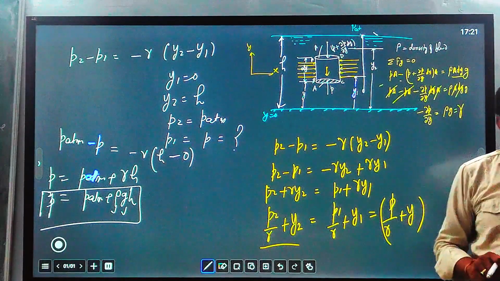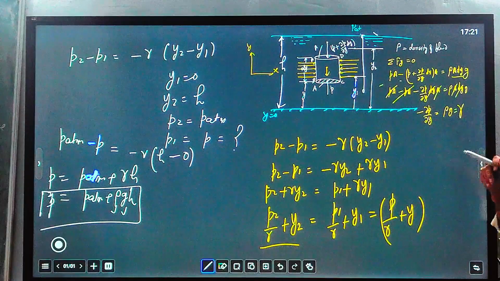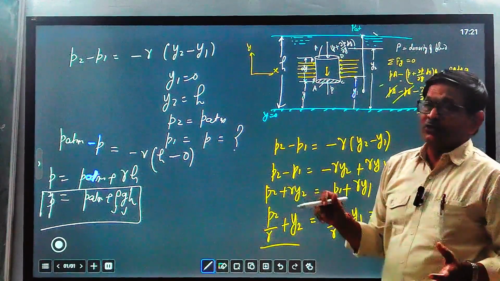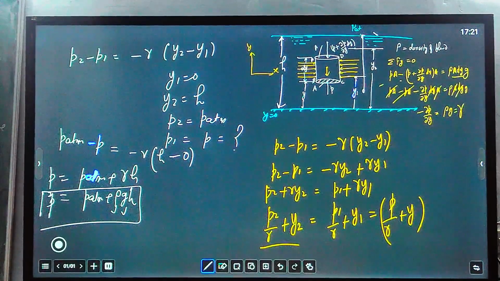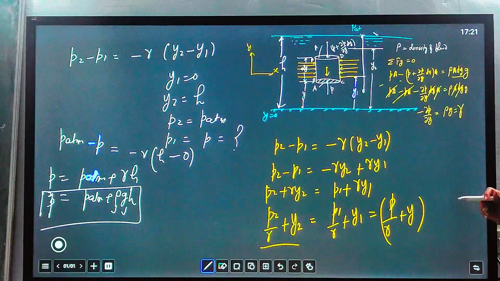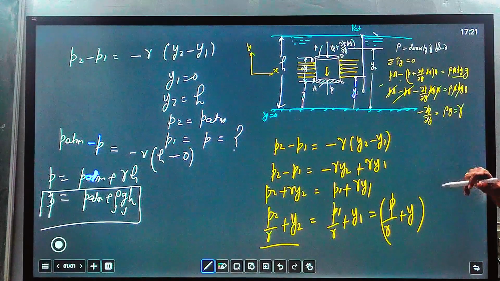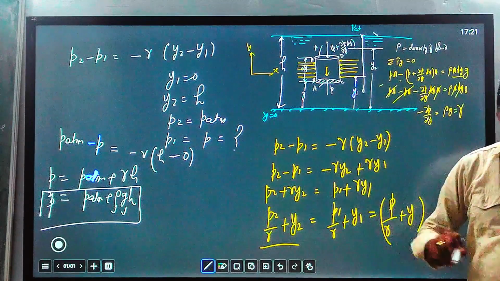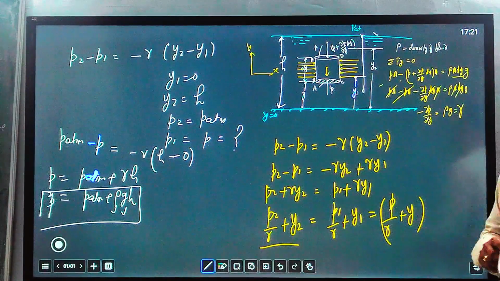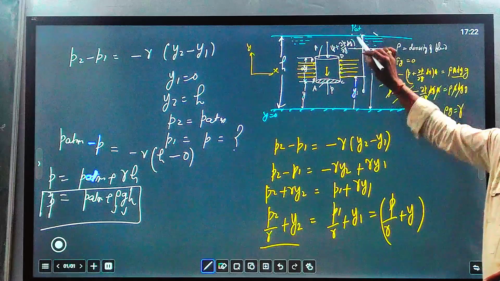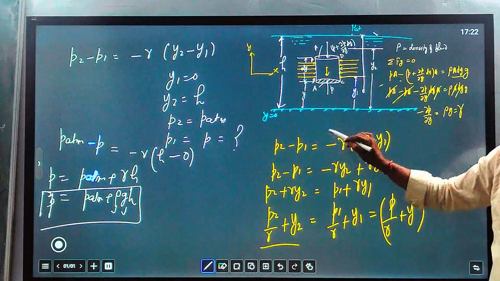So two things we have learned here. At any point of the fluid, the piezometric head remains constant, meaning P upon gamma plus y equal to a constant for any point. And at any depth, the pressure P equals P atmospheric at the free surface plus the depth of the fluid, rho g h.